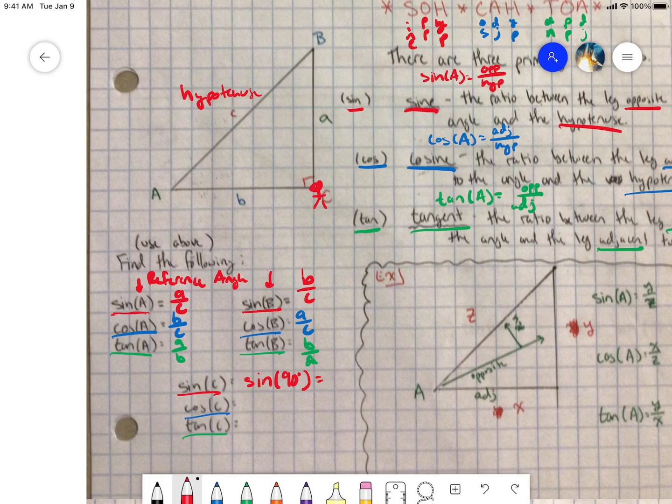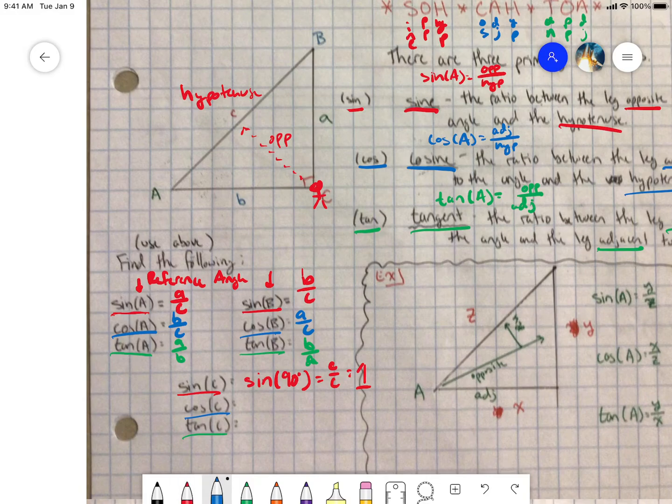It's C. So this is not only the hypotenuse, but this is also my opposite side. So sine of 90 is opposite over hypotenuse, which is C over C, which is just 1. Okay? It's 1.